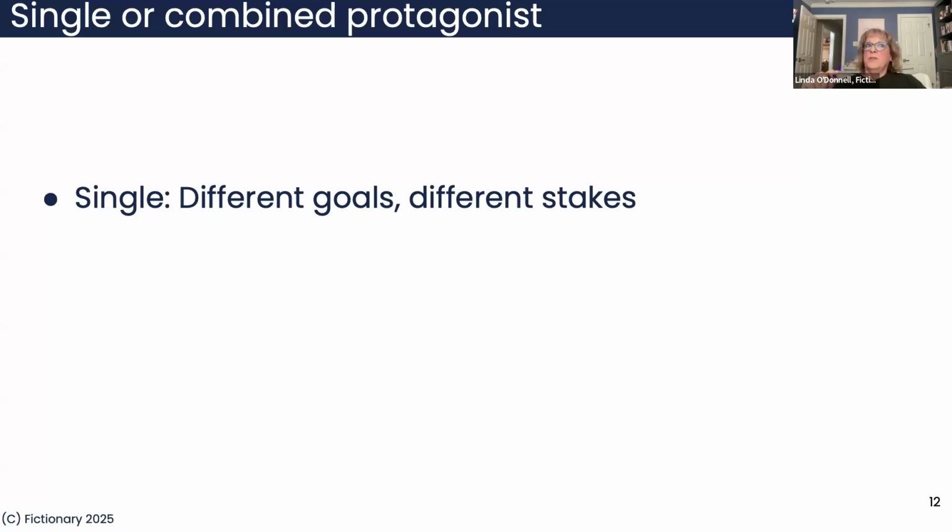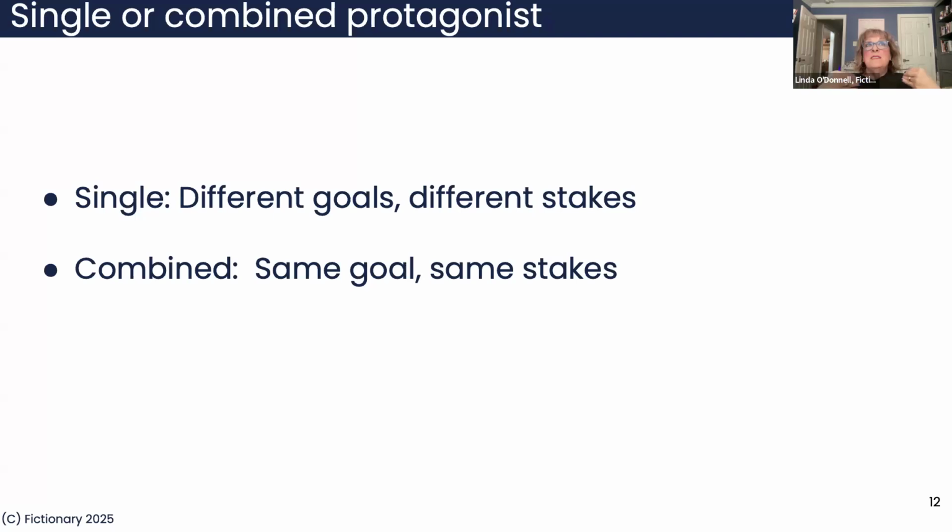What are their goals? When they have different goals and different stakes, then you have to treat it as a single protagonist. Now, I'm going to give you the example so you can see how this works. When they have the same goal and the same consequences, then they are a combined protagonist. Now, again, this is not the same as point of view.